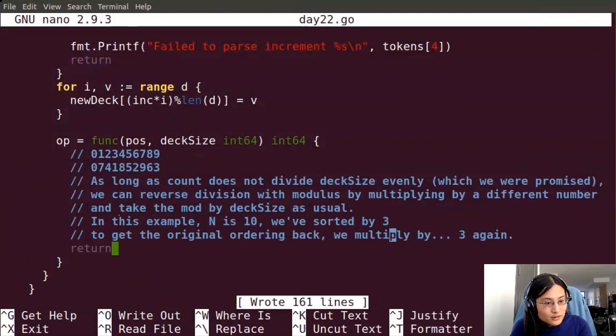I think that's correct. Let's just try a different example really fast.